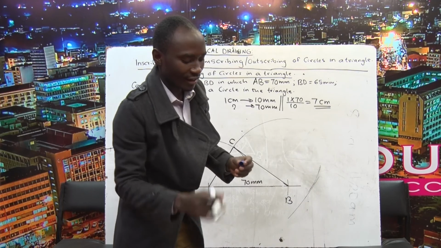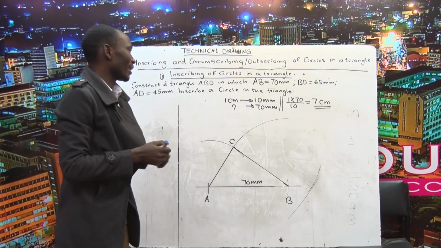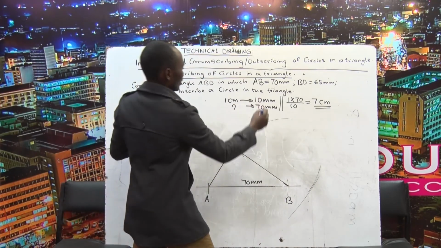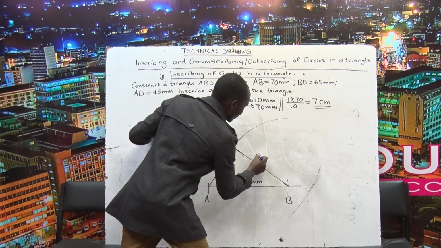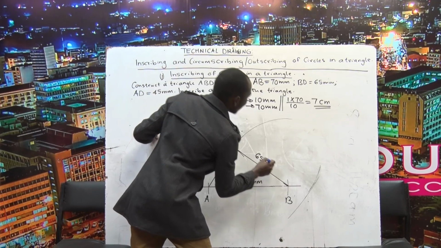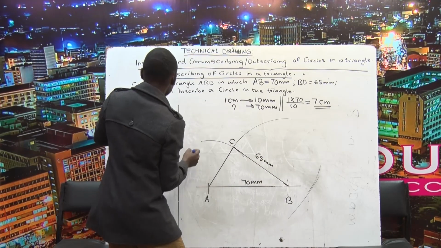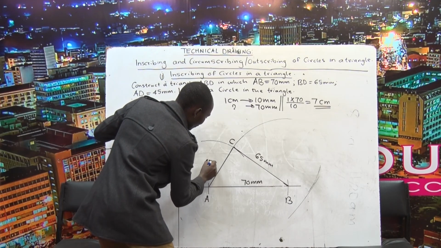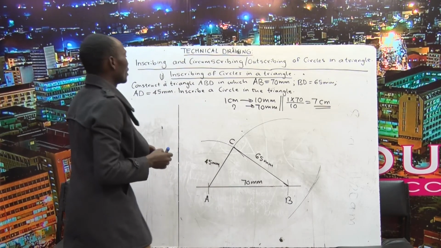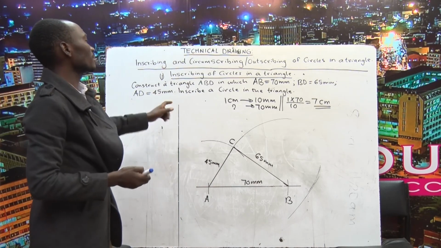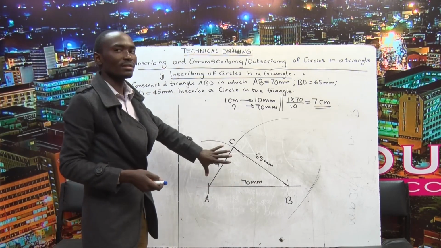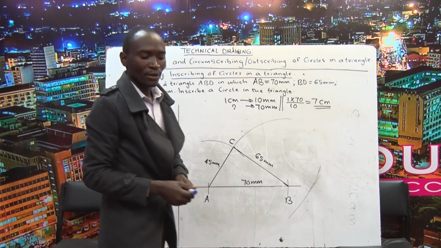Now let me go back to my question. This is BD, 65 millimeters, and AD, which is 45 millimeters. Now I need to inscribe a circle inside this triangle.